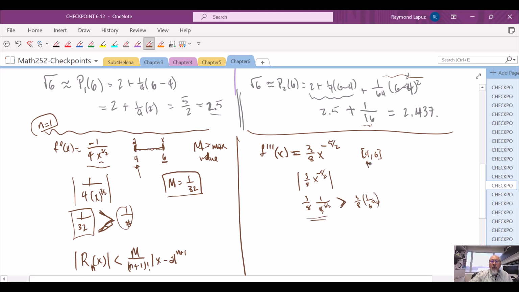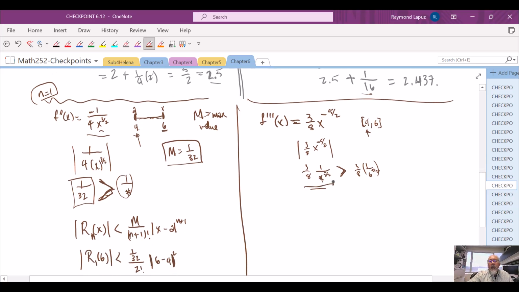So we're going to pick this number again, and that's this number over here, which, by the way, we need to figure out what 4 to the 5 halves is. So 4 to the 1 half is 2. 2 times 2 is 4, times 2 is 8, times 2 is 16, times 2 is 32. So this is 32 times 8.